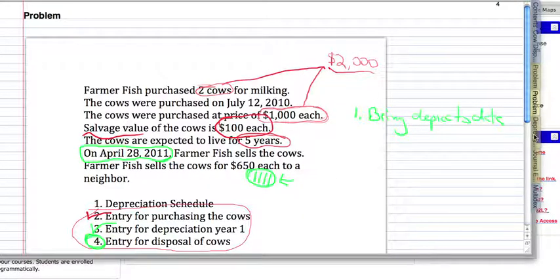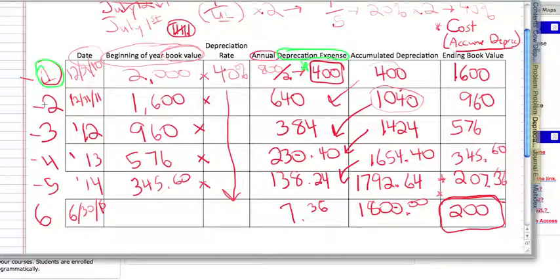But how much? And if we go to our depreciation schedule, look at it. We're in year 2 now, 2011. But this 640 you might be tempted to use, but that would be the whole year. We didn't own it for the whole year. Instead, we only owned it for part of that year, which works out to 4 months. And we know that there's 12 months in a year. If I divide that by 4, that means there's 3 increments of 4 months in there.